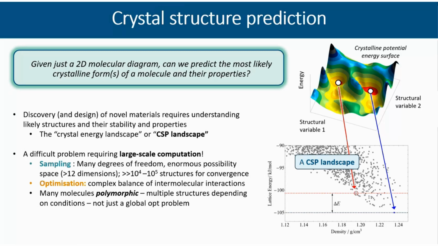Then the other side of the problem is that this is also an optimization problem. Especially in molecular crystals, you have a complex balance of intermolecular interactions holding the crystal structure together, and so you need an energy model that describes those well, and an optimization method that is fast and efficient, because, as I say, we have hundreds of thousands or millions of structures we have to consider.